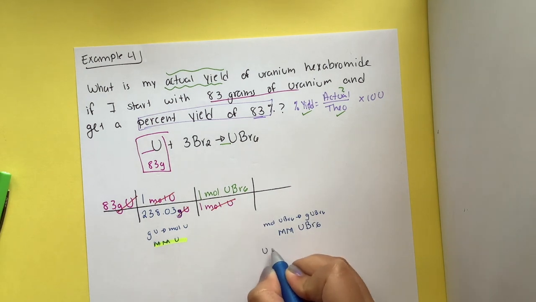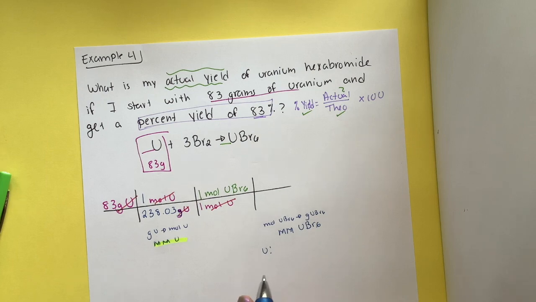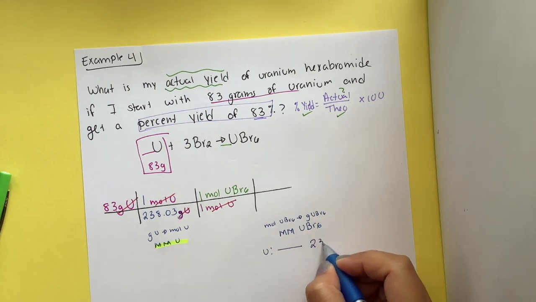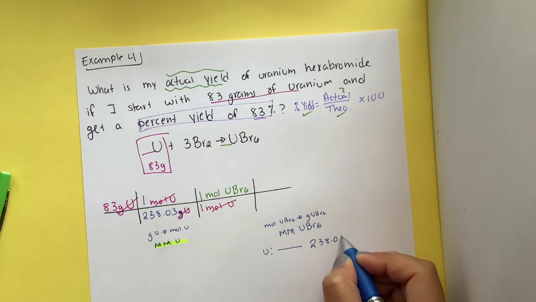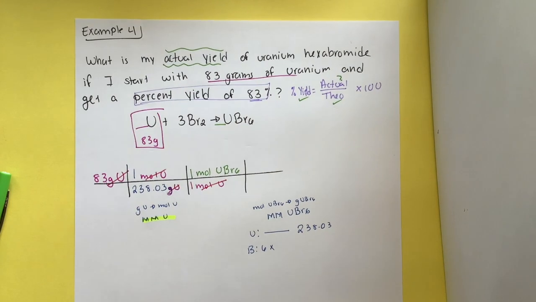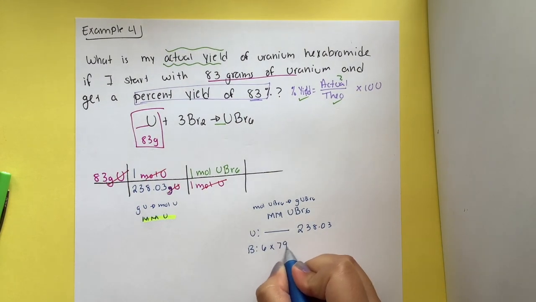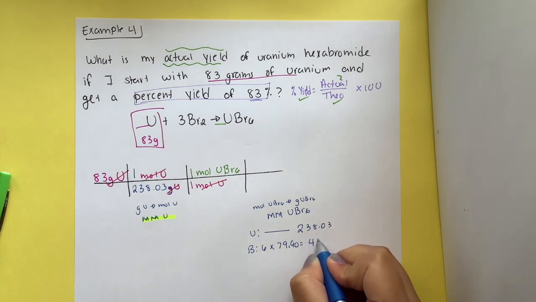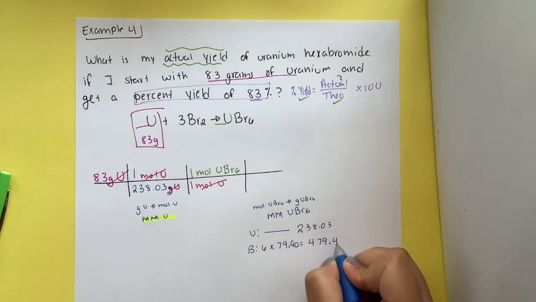Okay, so I have uranium, I have 1 of them, and each uranium has a mass of 238.03. Bromine, I have 6. I'm going to multiply that times its mass, which is 79.90. I multiply, I get 479.4.